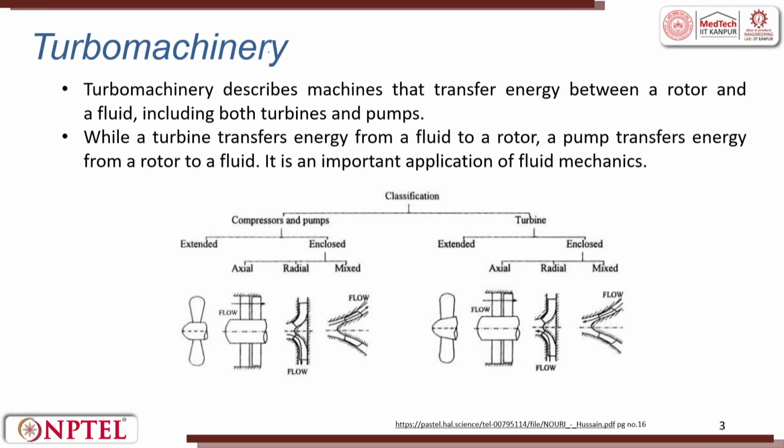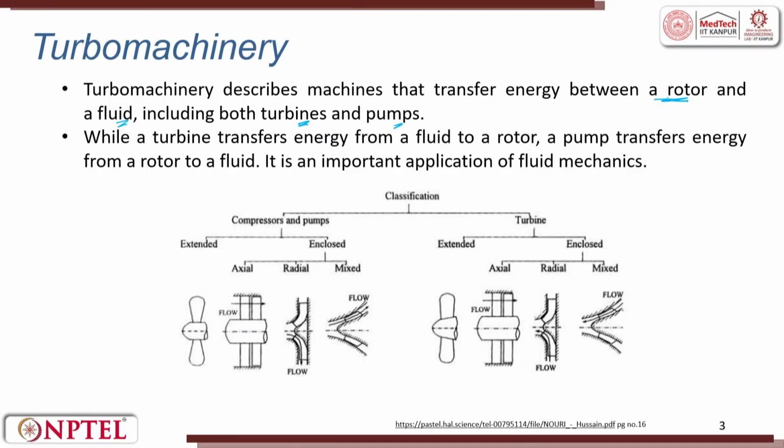Turbo machinery. Turbo machinery describes machines that transfer energy between a rotor and a fluid. It includes turbines and pumps. For example, when you try to extract water from your well, the water is sucked from the well and it is pushed to the overhead tank.